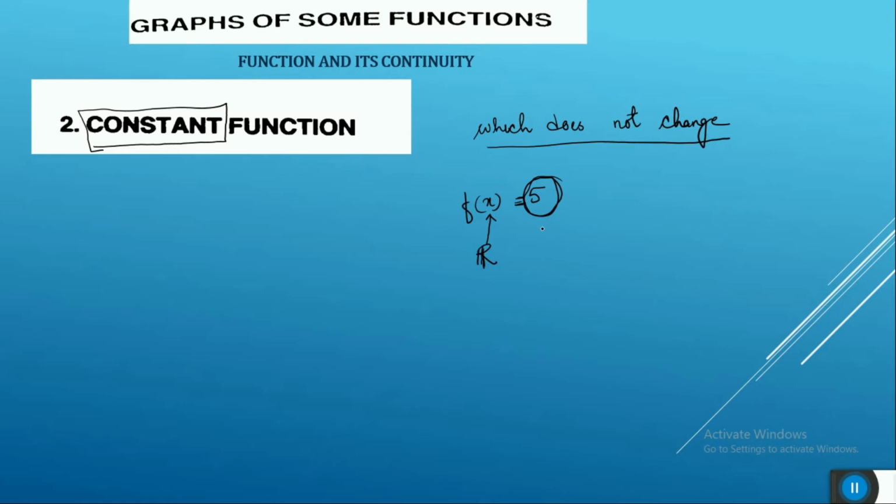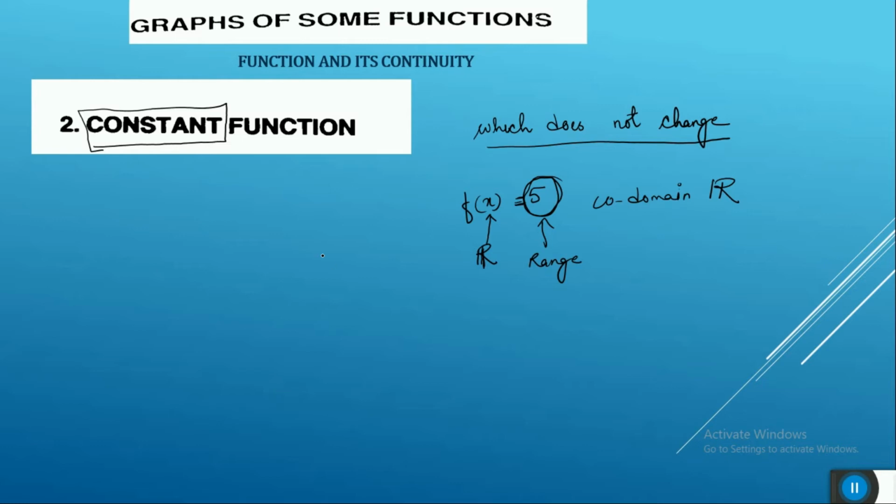Clear? So this will be your range. What will be my codomain? Codomain will be the real number line, a bigger set. Range is only the connected part. So no matter how many elements you put here, all will be connected to 5. So this is the only range I have. Clear?